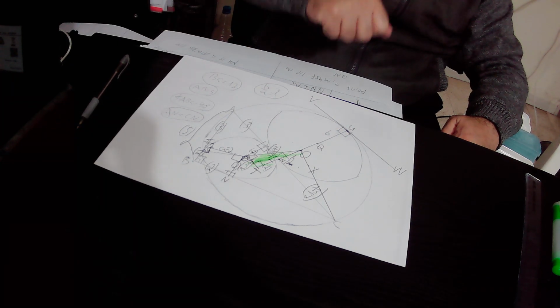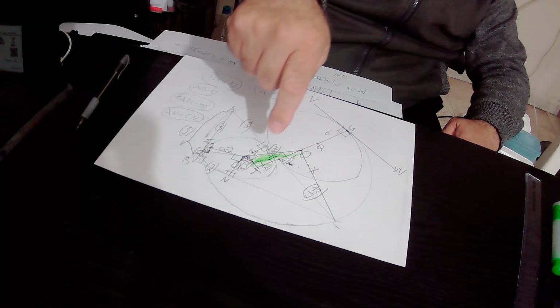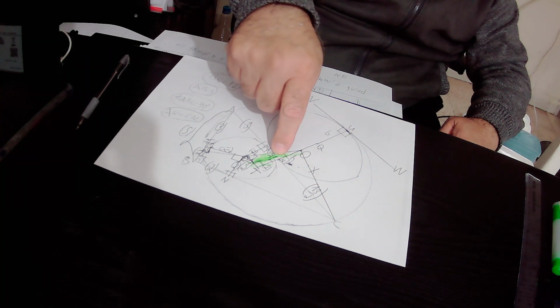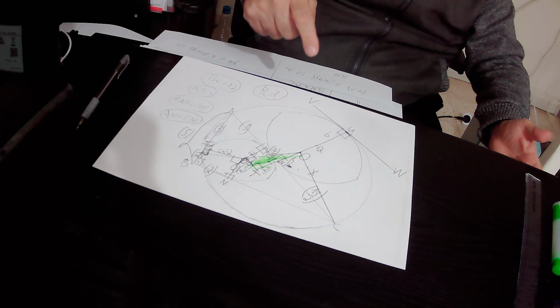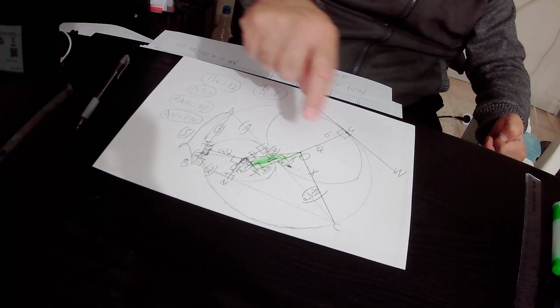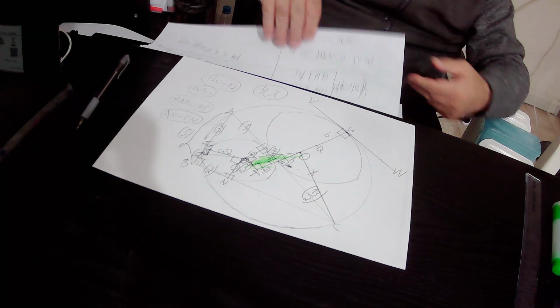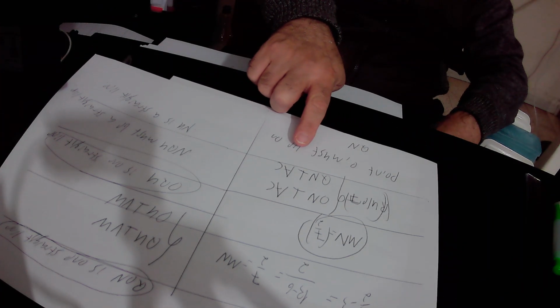Whenever you have a radius that is drawn to the point of tangency, then tangent AC will be perpendicular to the radius NQ. If AC is perpendicular to NQ, it means that this angle equals 90 degrees and this angle equals 90 degrees. So I can find out that the radius QN of this circle is also perpendicular to tangent AC. So we can write here that QN is also perpendicular to tangent AC.